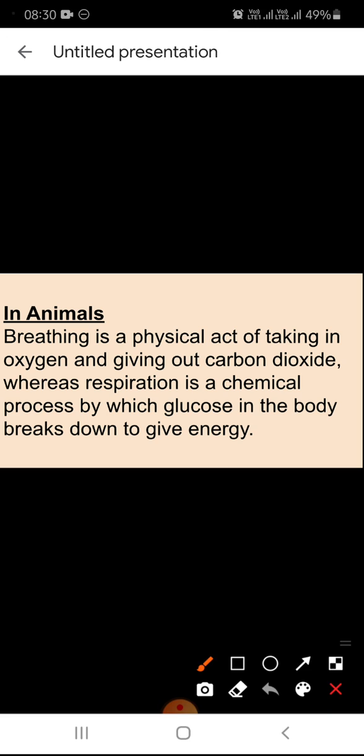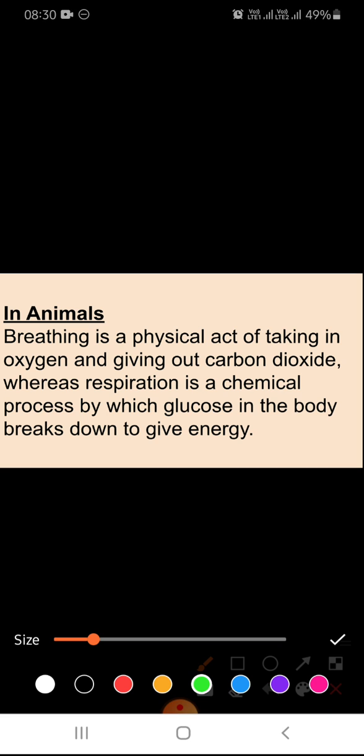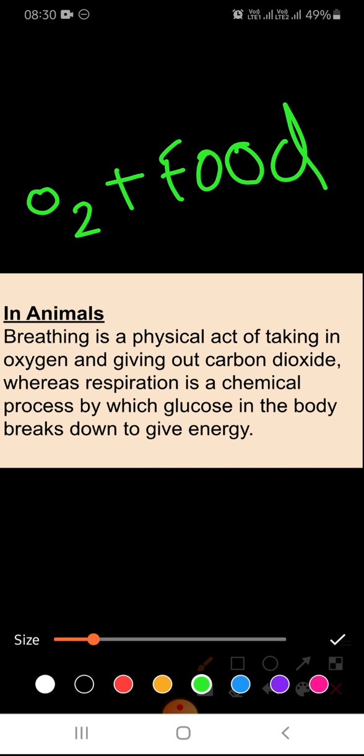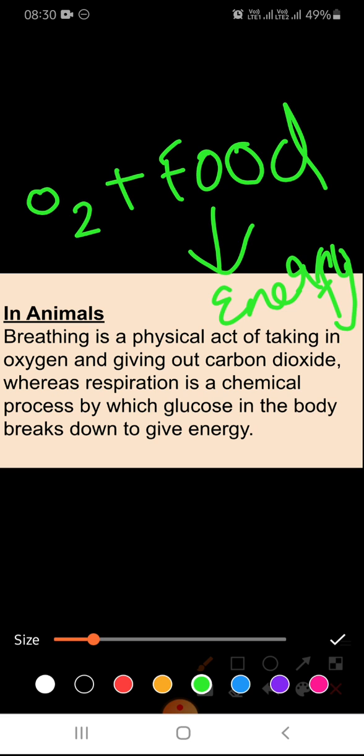Respiration is what? We have taken oxygen inside the body, and a process is going on inside the body in which glucose, meaning the food that we are taking, mixes with the oxygen and releases energy, giving energy to our body.